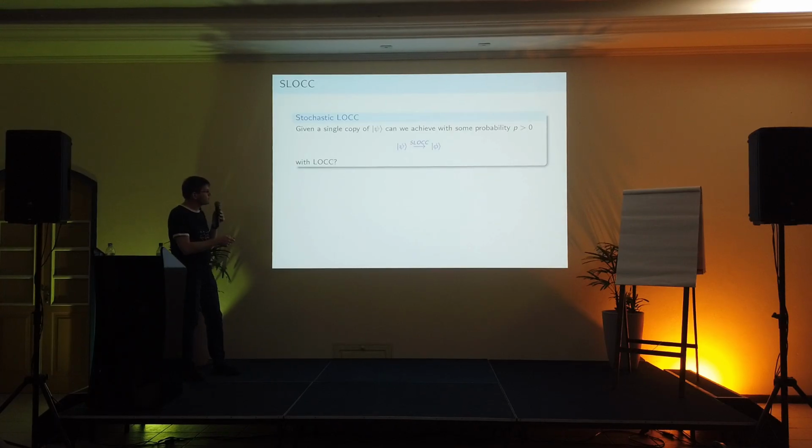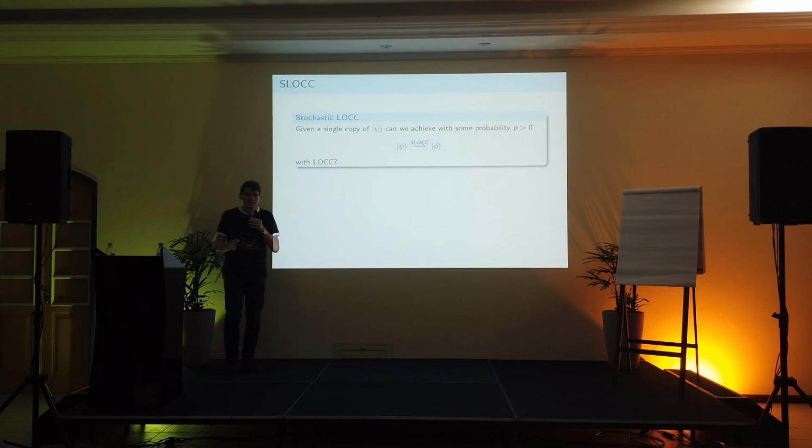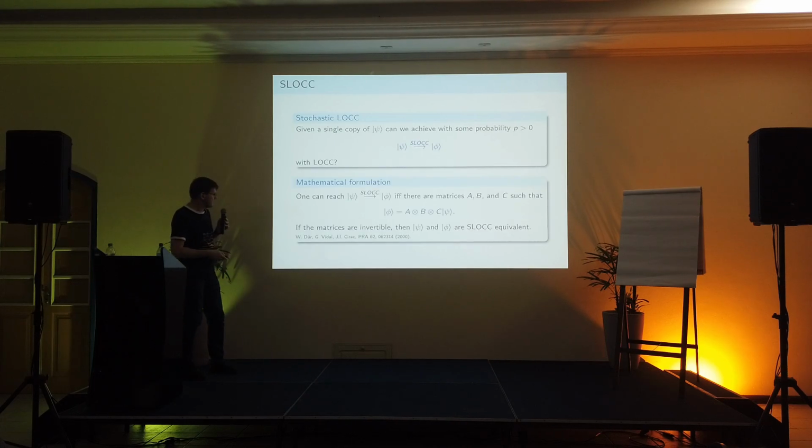And this is, of course, more general, because if I don't restrict this probability to being 1, then this is a more general classification. And the nice thing is that this can be mathematically very easily expressed. This is the result by Otfried and colleagues. They showed the following.